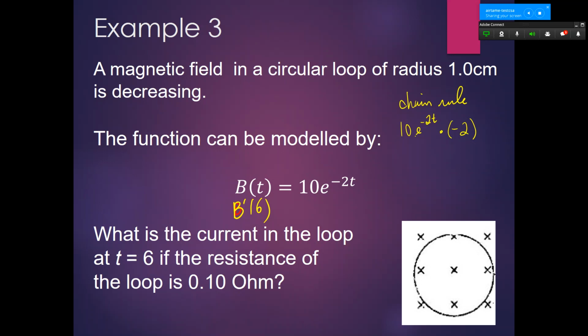So in this case, if I do the derivative, I end up with minus 20 e to the power of minus 2t.